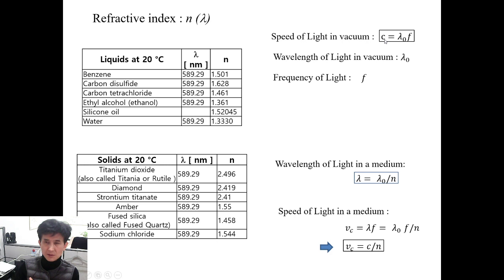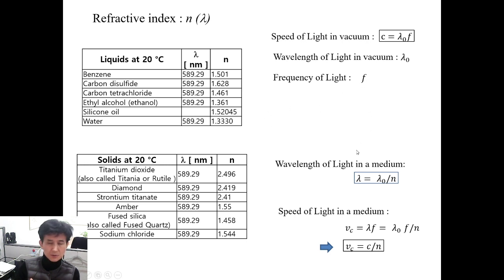C is given as a constant, which is 3 times 10 to the 8 meters per second, and it equals lambda 0 times f. So for a given frequency of light, lambda 0 is given because C is given. The wavelength of light in vacuum is represented as lambda 0, and the frequency of light is f.